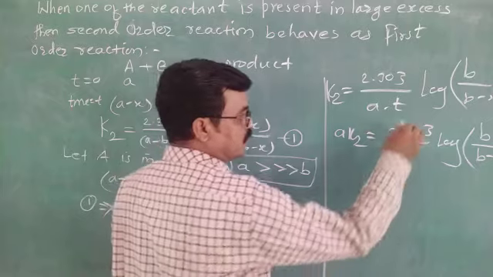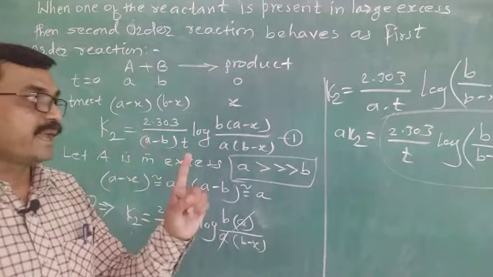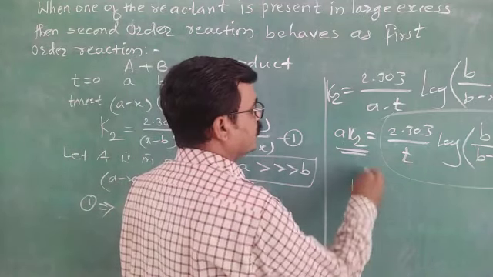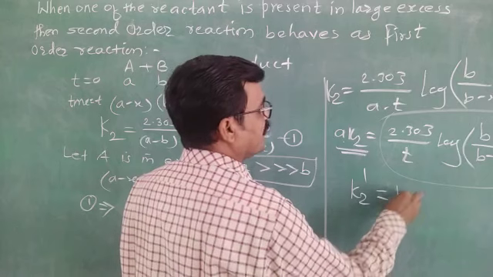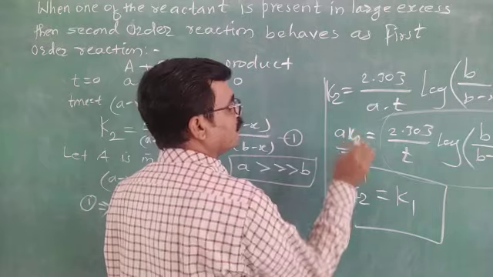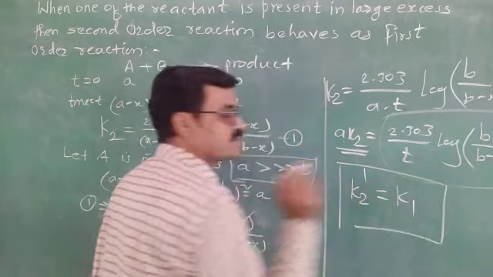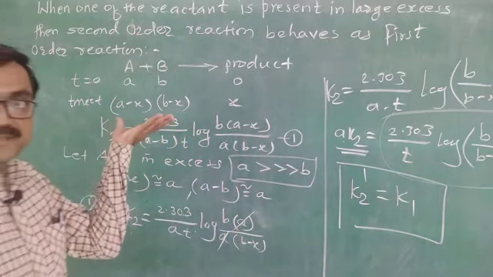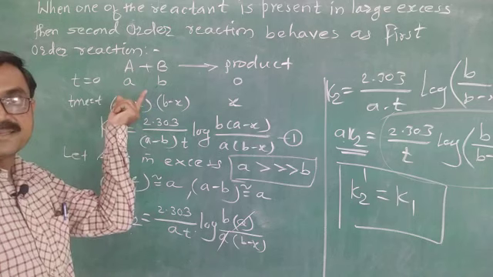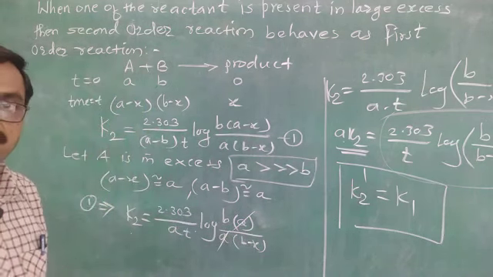But friends, this is the rate equation for a first order reaction, that's why this becomes K2 dash, and K2 dash is equal to K1, because the multiplication of K2 into a again gives a new constant K2 dash, and this is the rate equation for a first order reaction. Initially it is a second order reaction, but when one of the reactants is in excess, then it behaves as a first order reaction. Are you getting it clear?